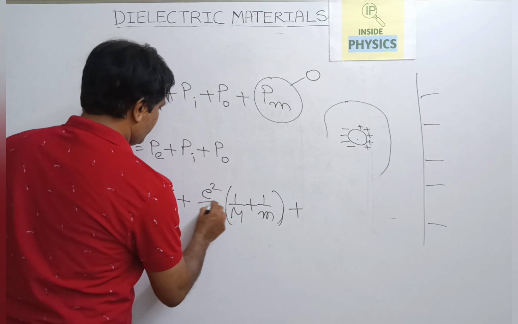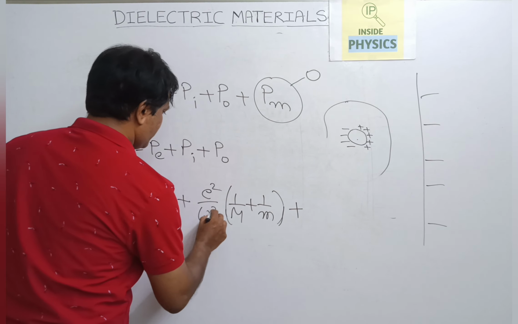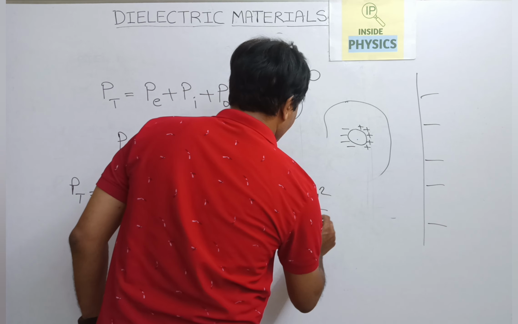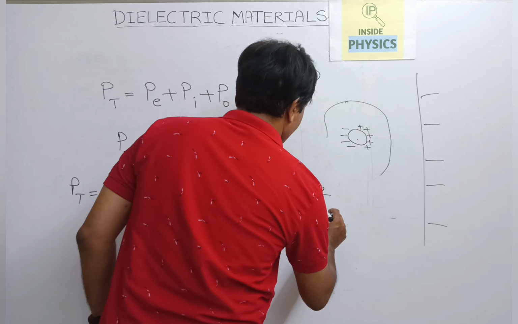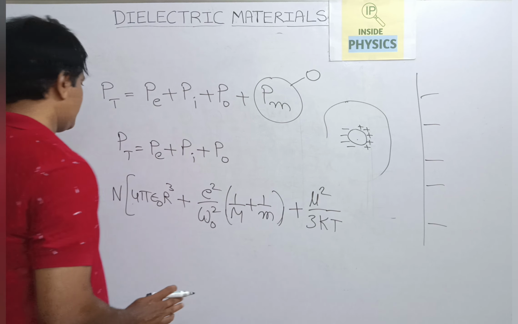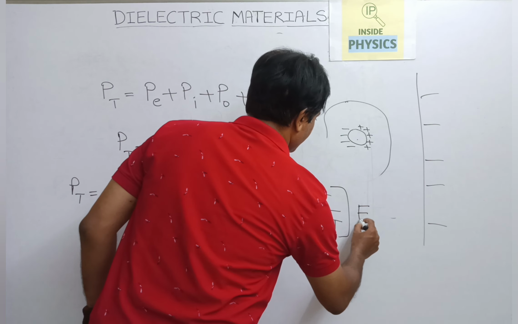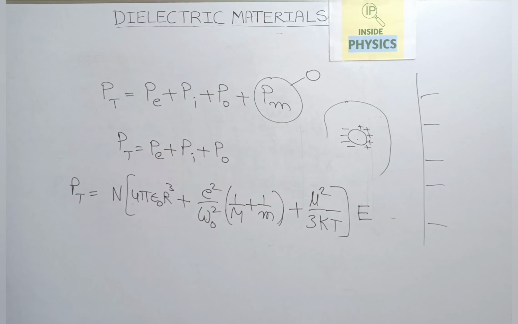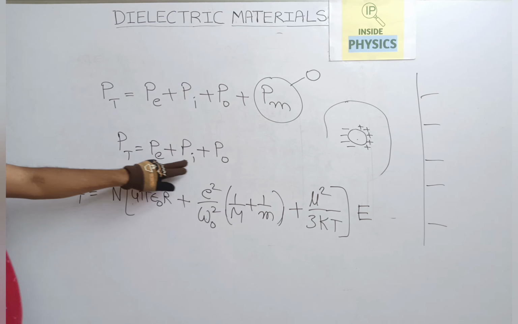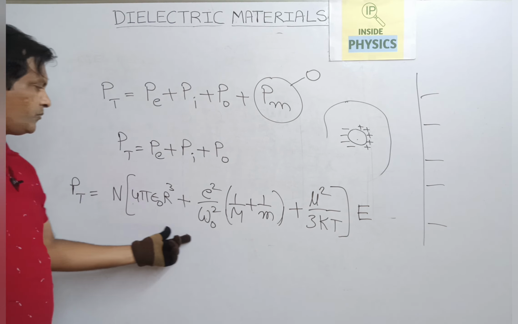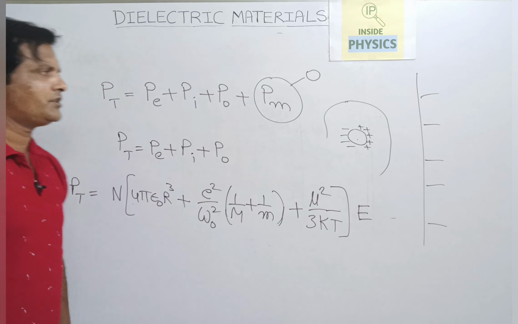Here I should write E square by n naught square and mu square by 3kT. I interchanged the terms by mistake. Here the total is multiplied by the external applied electric field. So the total polarization due to these three individual polarizations is given by this mathematical relation.